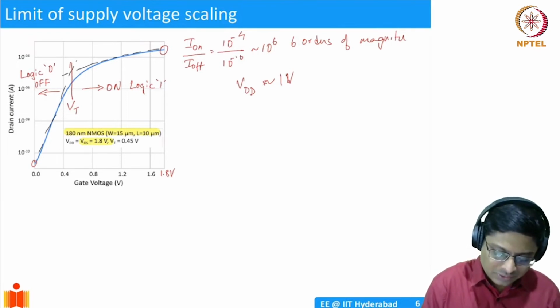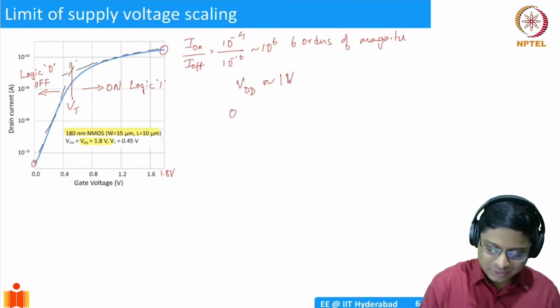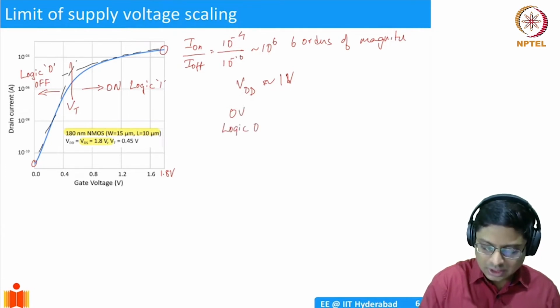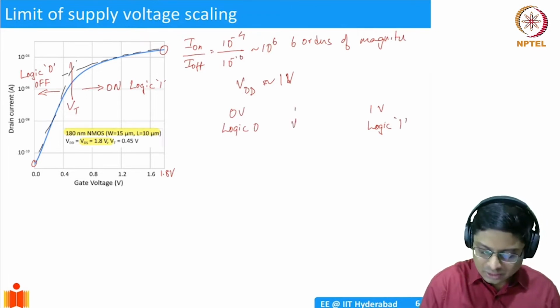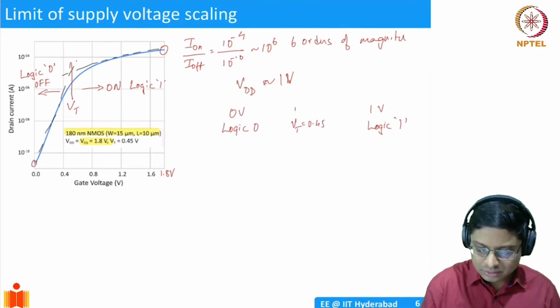This is my 0 volts, my logic 0, and 1 volt is my logic 1. In between I have my VT, which is around 0.45 volts.